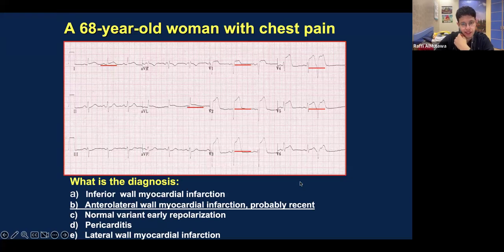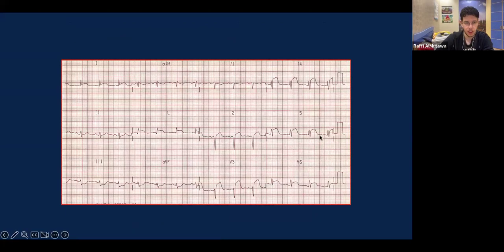Why not left circumflex? Left circumflex would not cause V1, V2, V3, and V4 elevation. It wouldn't really affect anterior. Left anterior descending supplies left circumflex, by the way, which is why you can have lateral wall involvement. Okay, what about this ECG over here? What do you guys see?